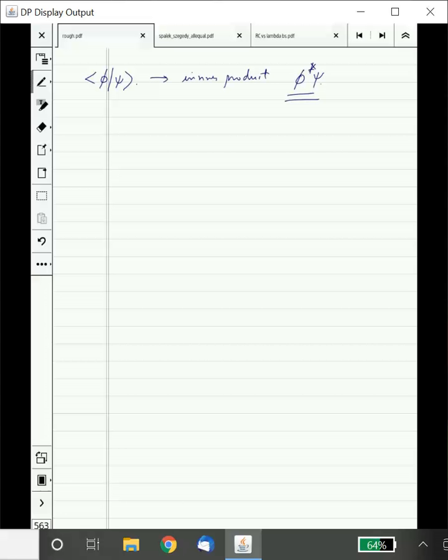I can also write something which is called an outer product. So this should mean vector notation as phi psi star, and you can notice that this is a matrix. In other words, this is a linear operator.